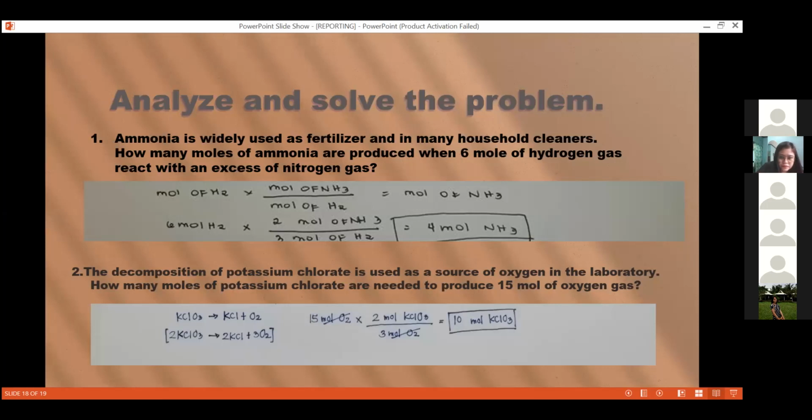So the solution will be 15 moles of oxygen gas multiplied by 2 mole of KClO3 over 3 moles of oxygen gas. Cancel the moles of oxygen gas. So the answer is 10 moles of potassium chlorate. That's all po, ma'am, for our group.